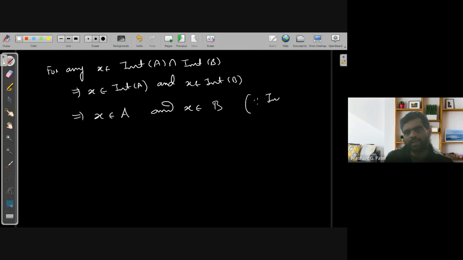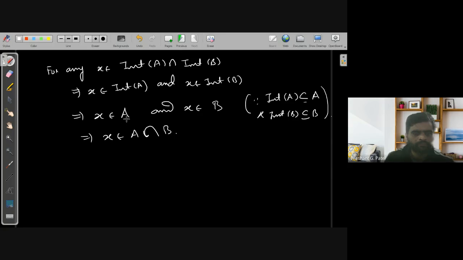Because the interior of A is always a subset of A and the interior of B is always a subset of B. So this will imply x belongs to A intersection B. So it is in the intersection.